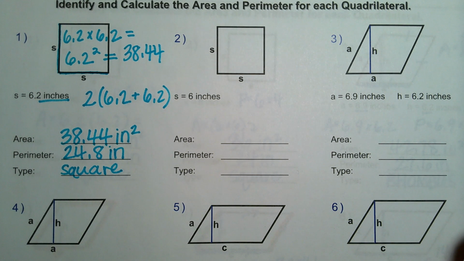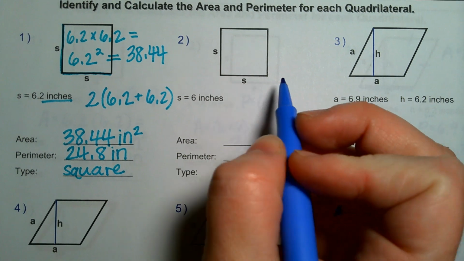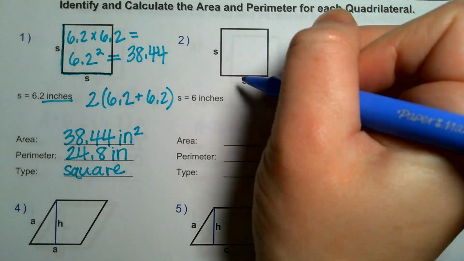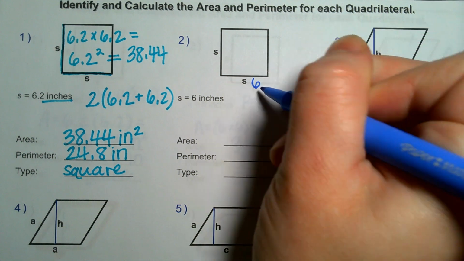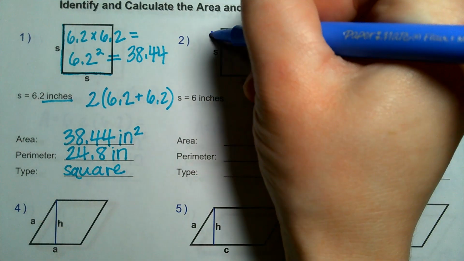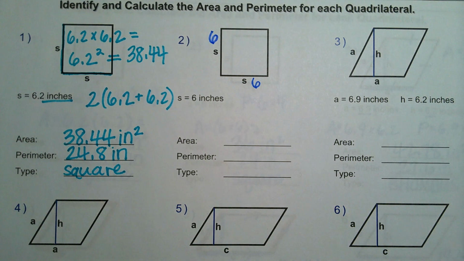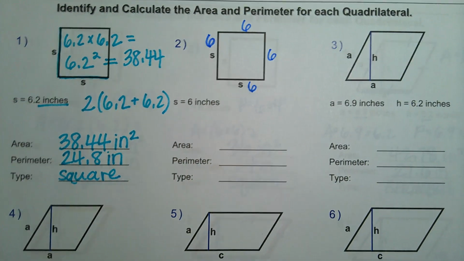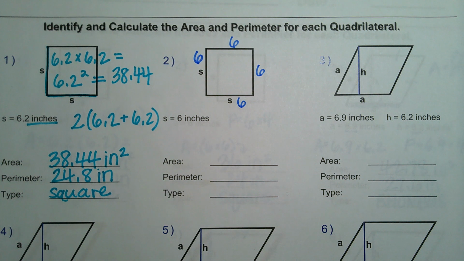What are we multiplying? 6 inches. S equals 6, so I know this side is 6 inches. This side is 6 inches. All those sides are 6 inches. Go ahead and label them. There we go, 6 on every side.